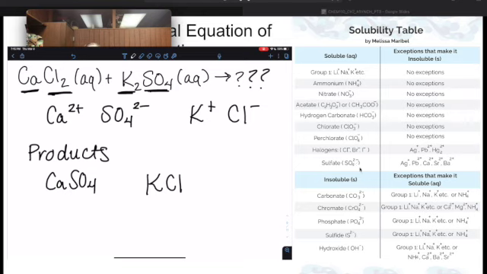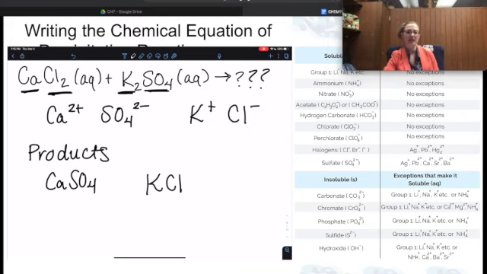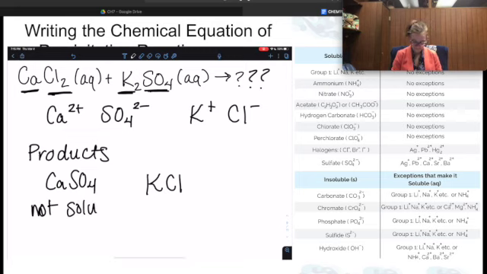So sulfate is SO4, and I am going to assume that it's always soluble unless it's with one of these compounds that make it insoluble. So therefore, calcium sulfate is what we have. Calcium is one of the insoluble salts with sulfate. So calcium sulfate is not soluble. So this is not soluble and will be in the solid state.